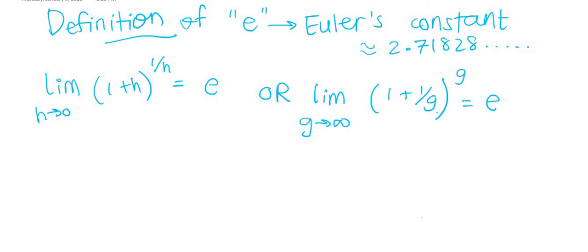That's again equal to e. Now if you've understood the last method of substitution properly, you might know if I just take g as 1 over h, then if h goes to 0, g goes to infinity, and you can basically write this as this. So this is the formula we're going to use now.